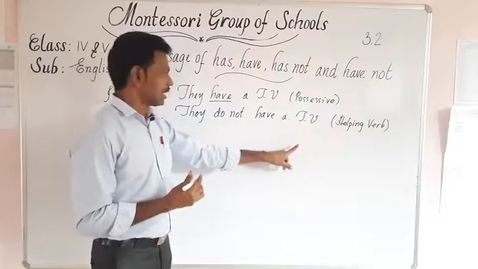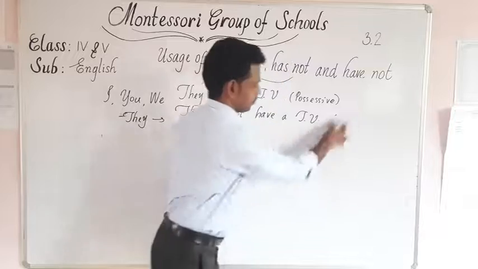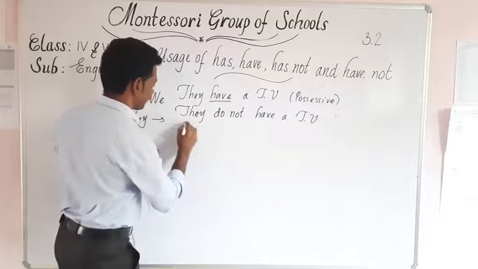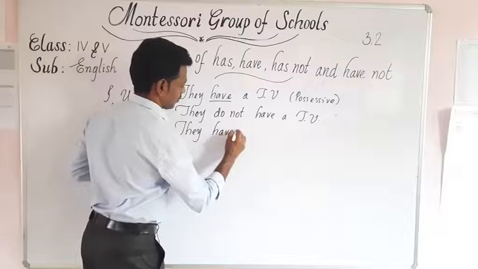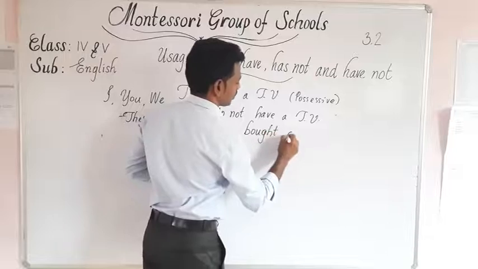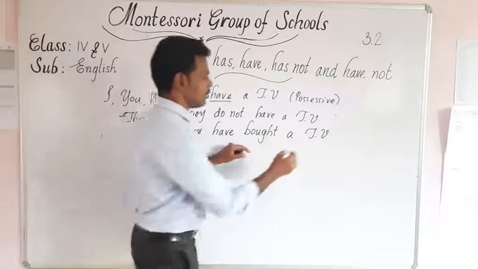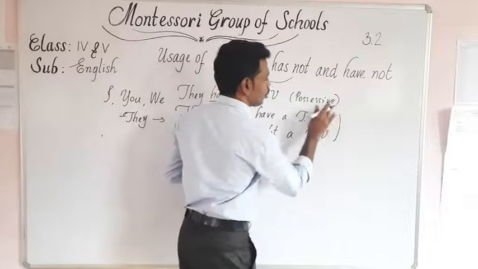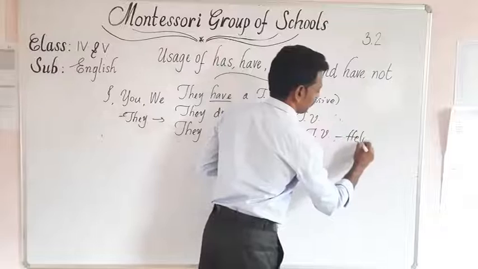The same thing applies when it goes into the helping verb. "They have bought a TV." Again, it is not possessive. It is the helping verb.